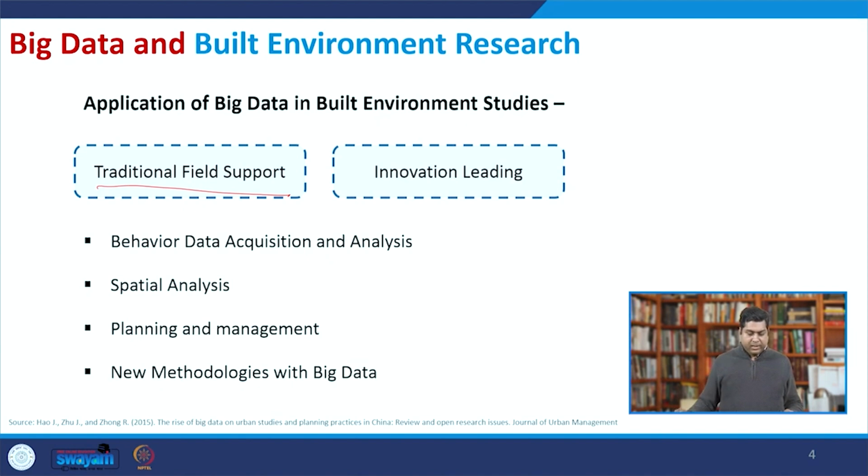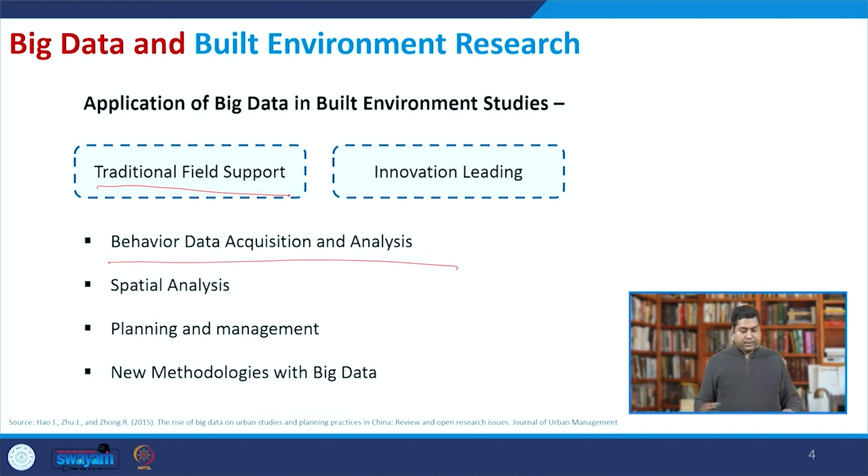Now some of the fields where we can use that kind of big data information. One is behavior data acquisition and analysis, which we also discussed, that is, how behavioral data can make a change in overall design and planning approach.